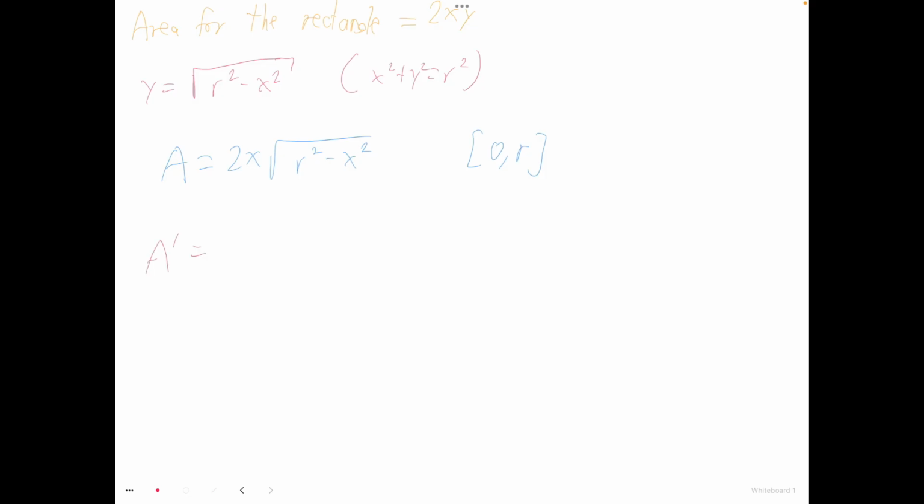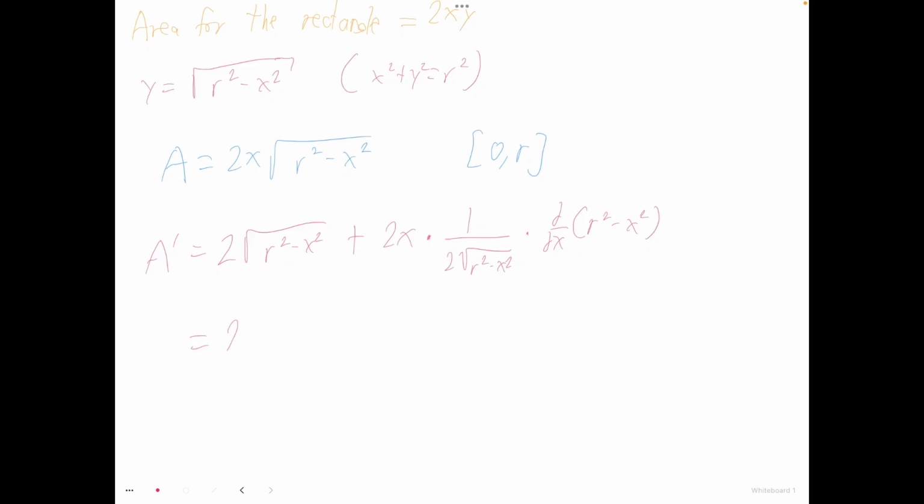So the derivative of this, using the product rule, the derivative of 2x is 2 times the square root of r squared minus x squared, plus 2x times the derivative of the square root of r squared minus x squared, which is 1 over 2 square root of r squared minus x squared times the derivative of r squared minus x squared. Now remember, we're taking the derivative with respect to x. r is just a constant.